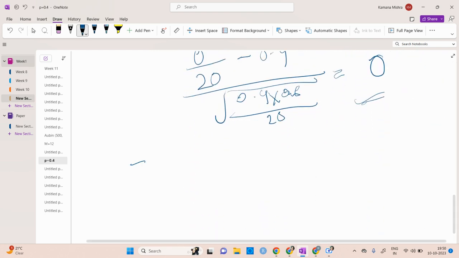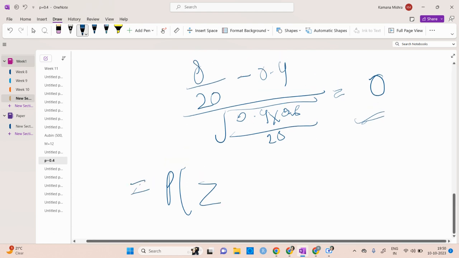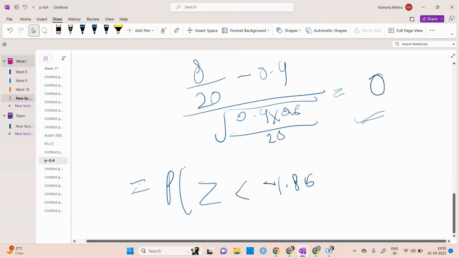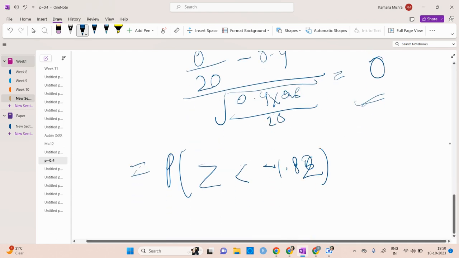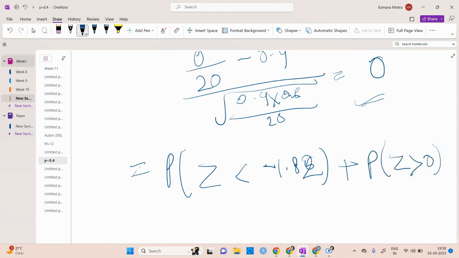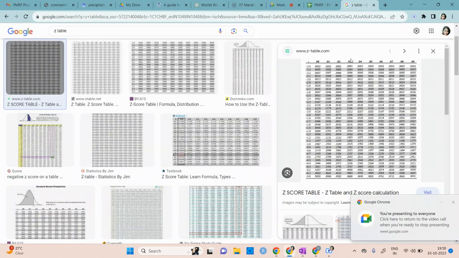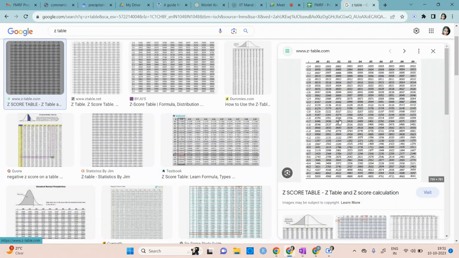So for the left one, we have found this value. Because we have just standardized it, the probability is z less than minus 1.82, plus z greater than 0. Then we need to go through the z table. 1.82 is 0.0344.